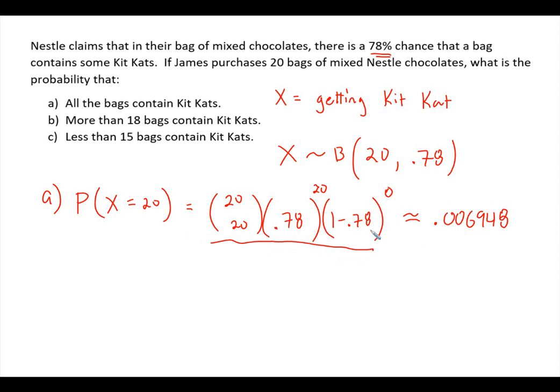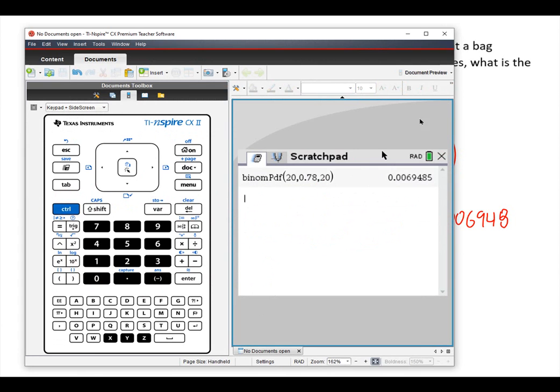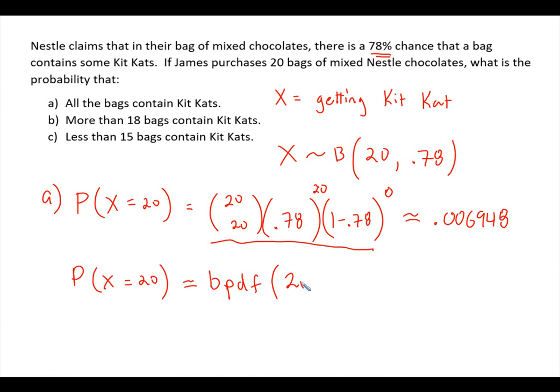I'm writing this out so that you understand exactly what has been calculated by the calculator. The calculator just calculated this. If you had to write part A out in expanded form using the binomial equation, this is what you would write. Once you have the probability of x equals 20, you could just say I'm going to use binomial PDF, and put all the information in the calculator: 20 trials, success probability 0.78, and x value equal to 20.